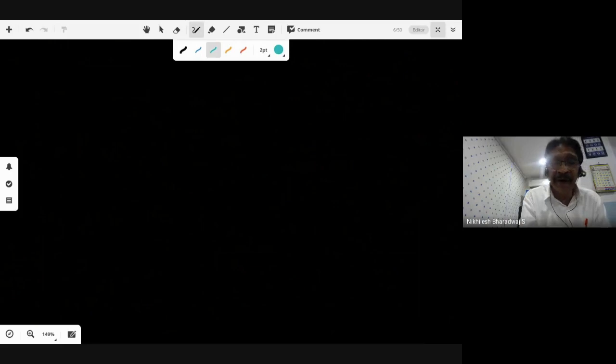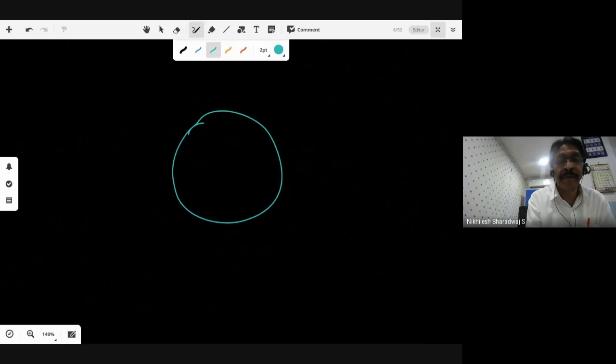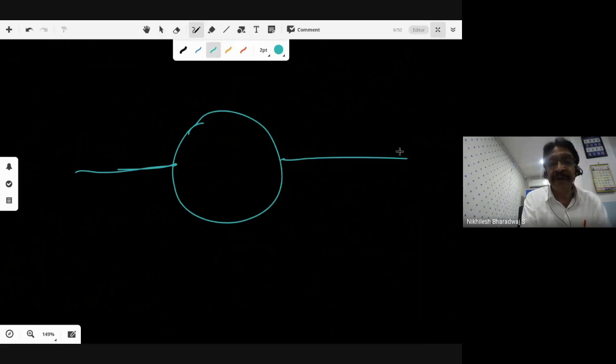So when the wire of 4R resistance is bent in the form of a circle, what is the effective resistance between the ends of the diameter? This is the circle. So this is what he is asking.